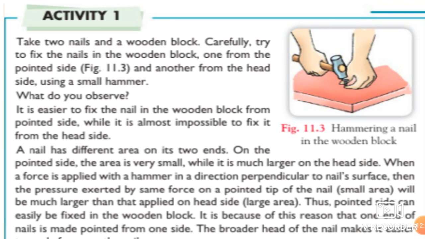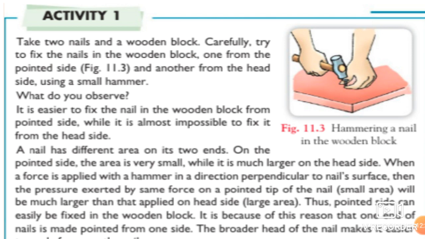A nail has different areas on its two ends. The pointed end has a small area, and the head side has a much larger area.